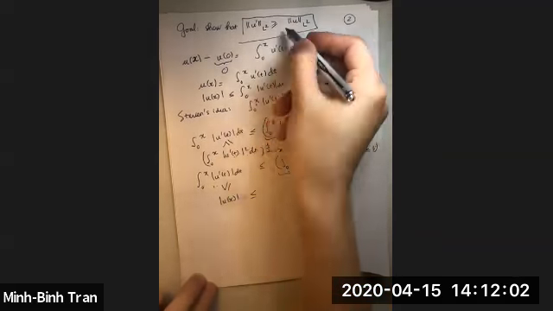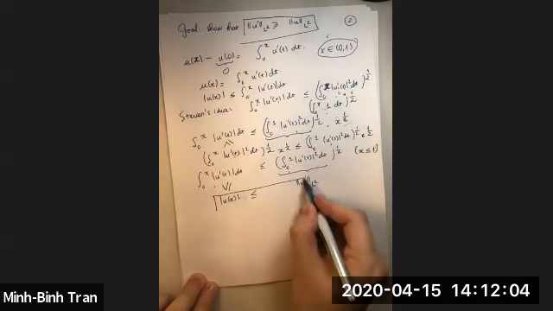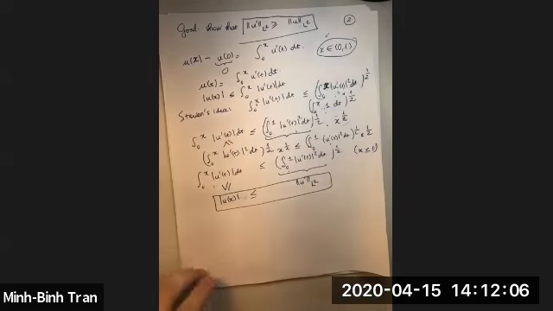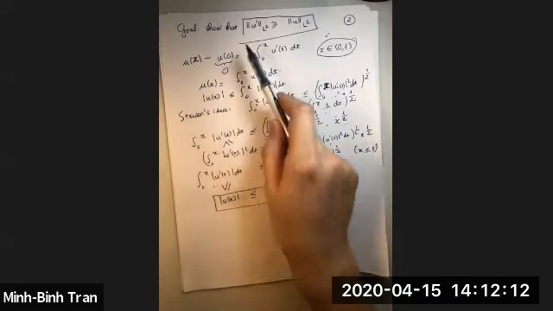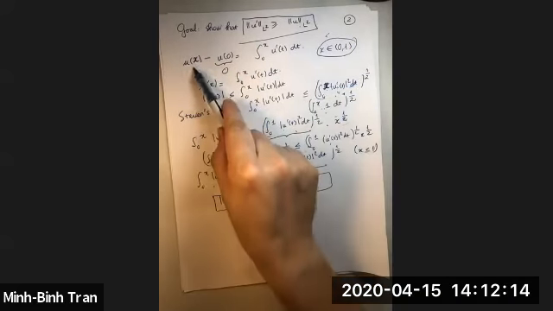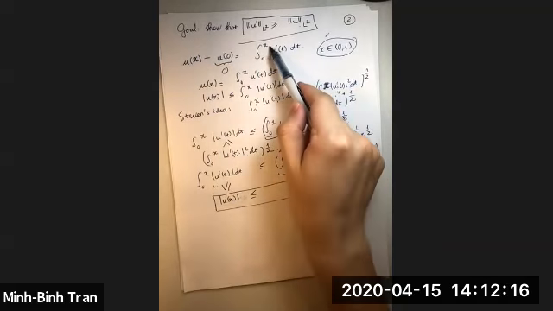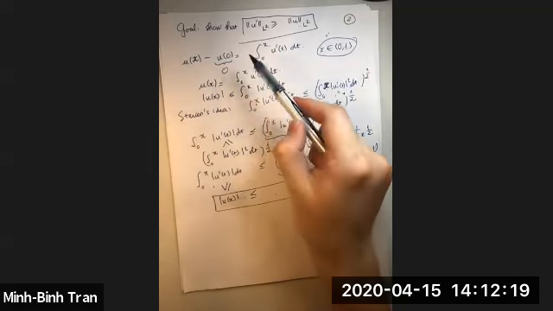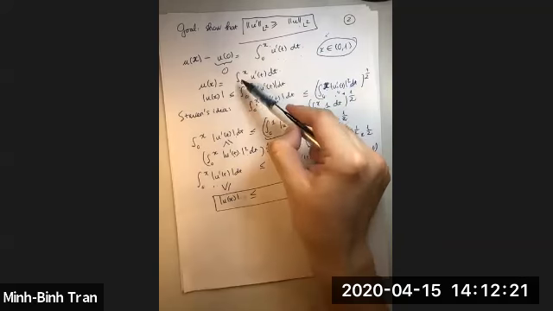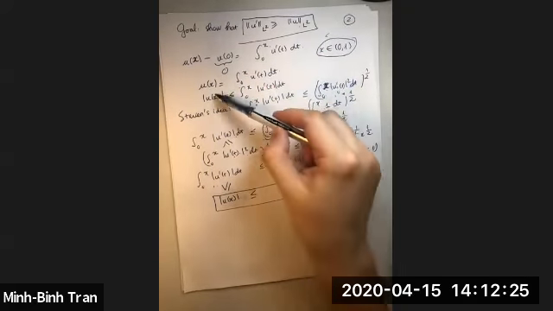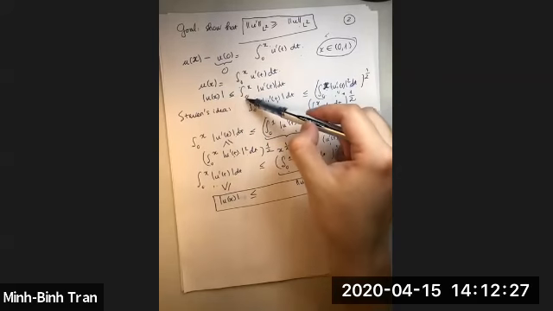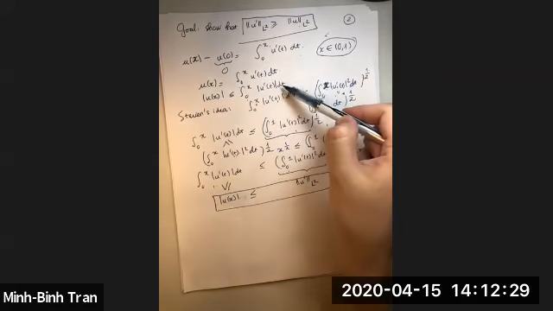To show the L2 norm of this, from this, how can I deduce the inequality that I want? I explain again. I write out the definition of u prime. So u(x) minus u(0) will be the integral from 0 to x of u prime t dt. Since u(0) is 0, u(x) is the integral from 0 to x of u prime t dt. Now I take the absolute value. So the absolute value of u(x) is going to be smaller than the integral from 0 to x of the absolute value of u prime t dt.